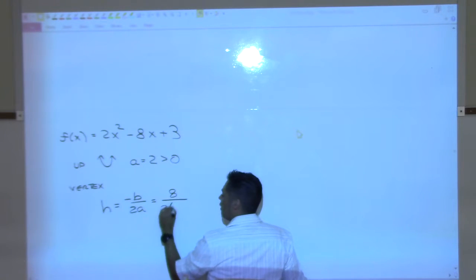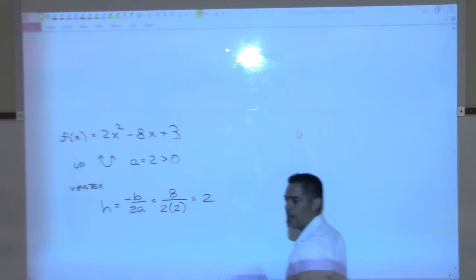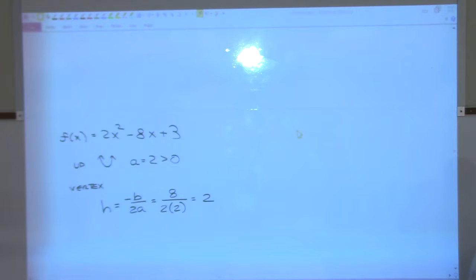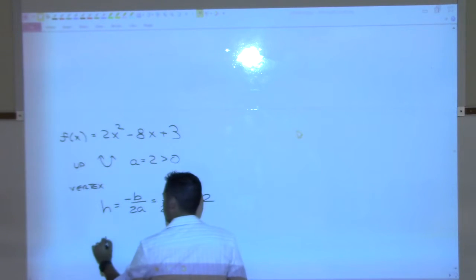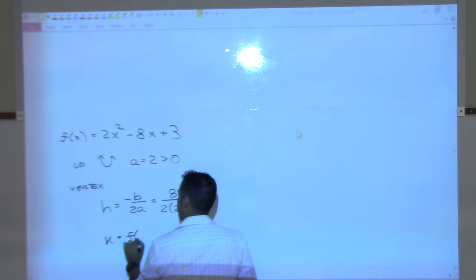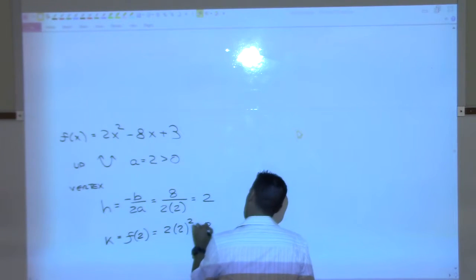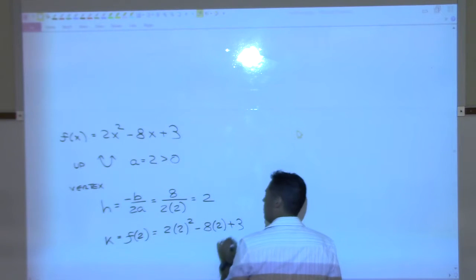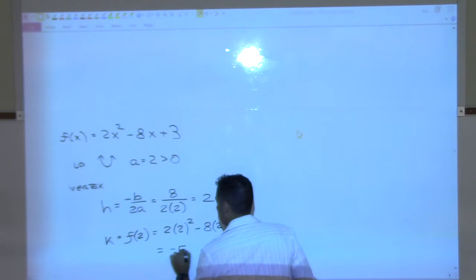And then 2 times a is 2. So 2 times 2 is 4, so you should just get 2 there, 8 divided by 4. What do you do with that answer? Plug it into the function. So 2 times 2 squared minus 8 times 2 plus 3. We should get 8 minus 16 plus 3, which is negative 5.